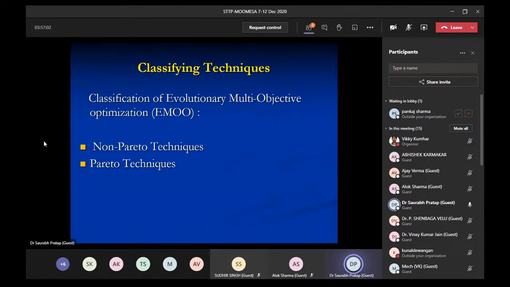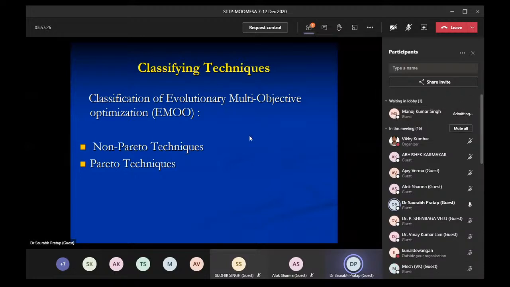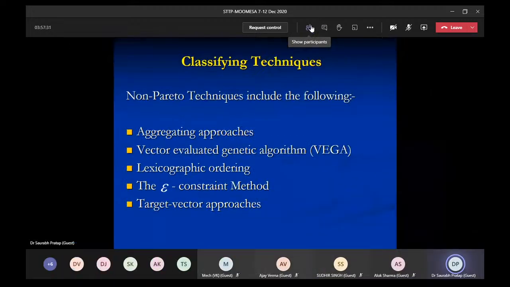Now, classifying the techniques, we can classify in a broad way. There are two types of techniques: the non-Pareto techniques and the Pareto techniques. We will see how we can handle the non-Pareto and Pareto techniques. For the non-Pareto techniques, these are the techniques: aggregate approach, vector evaluated genetic algorithm, the epsilon constraint method, and target vector approach.